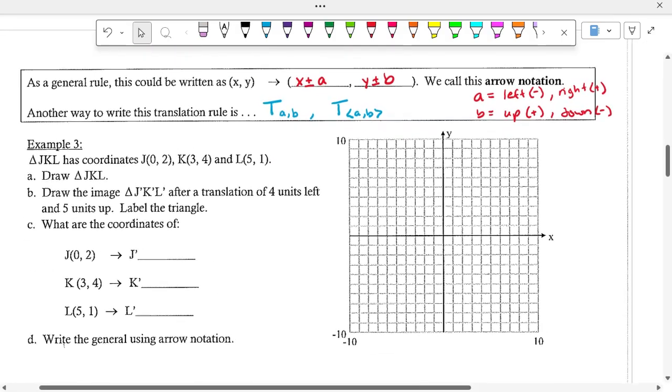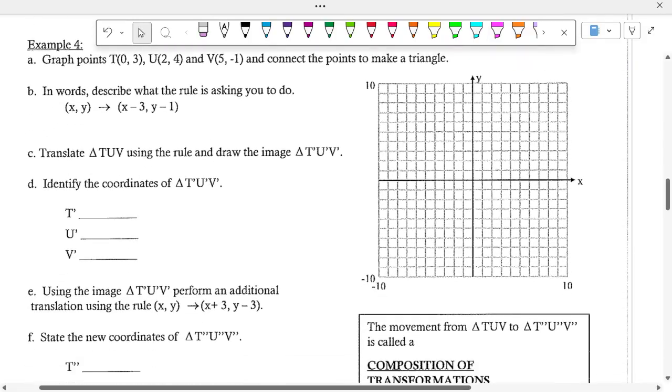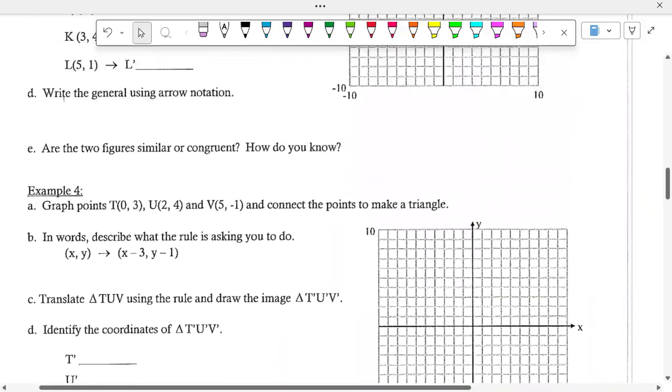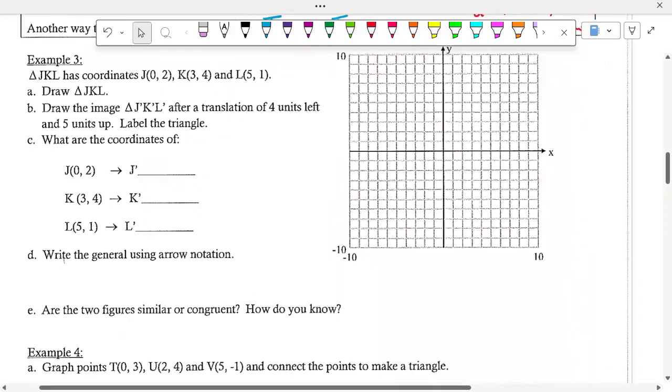All right, so let's do example 3. Now, here's my question. Are you guys comfortable with graphing it and finding it if you have the word rule? Yes, no, maybe. In other words, you graph the original points and then you do that rule, like up 5, right 3, whatever. Are you comfortable doing that with just a graph?